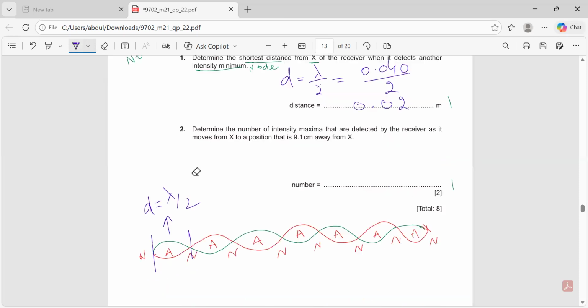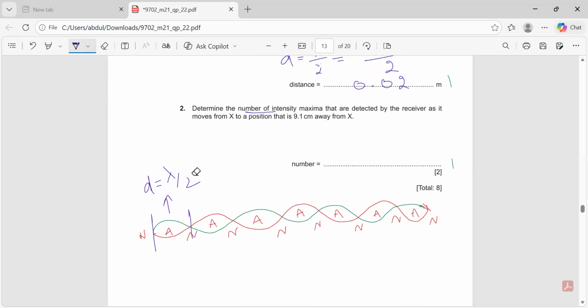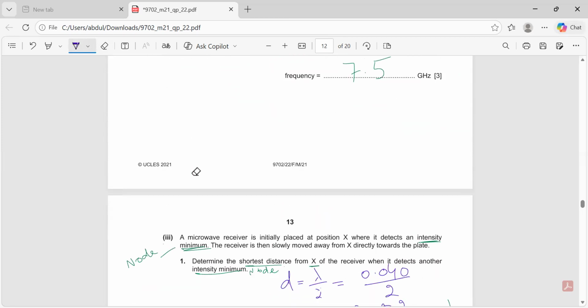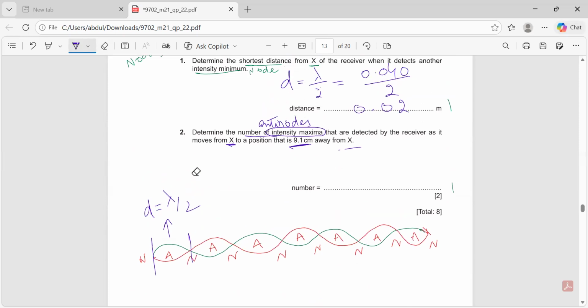Now, see, my dear friends, determine the number of intensity maxima. Now he wants antinodes. He wants now antinodes that are detected by the receiver as it moves from X to a position 9.1 centimeter away from X. Okay, first of all, this is in meters, you know.